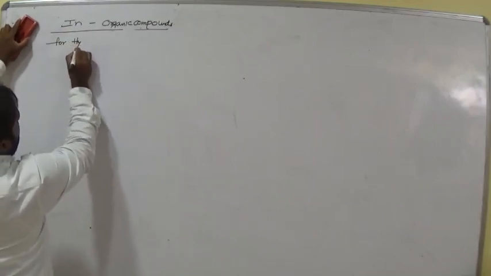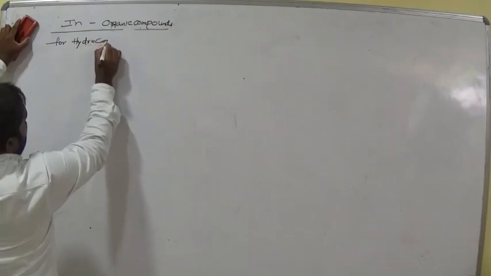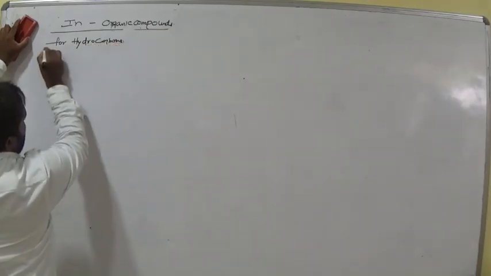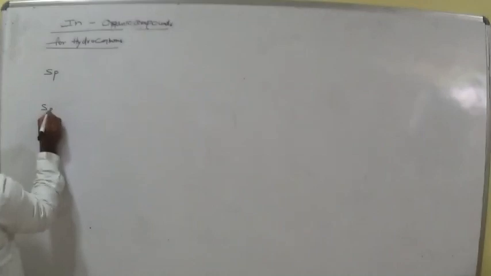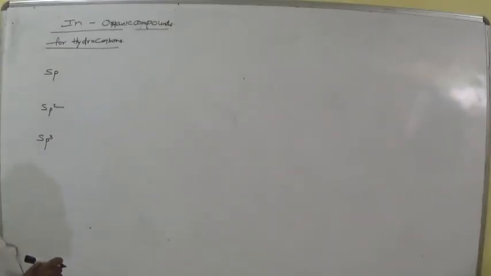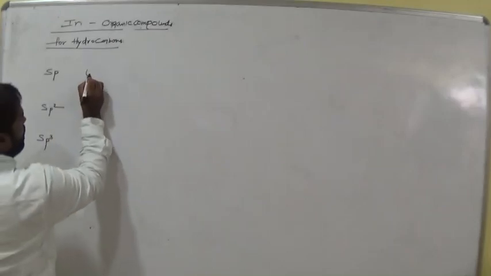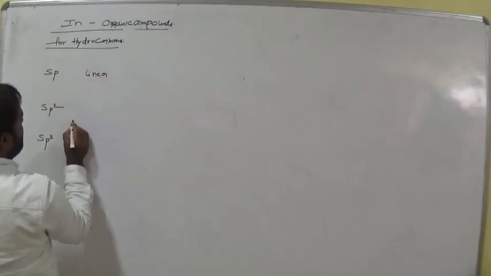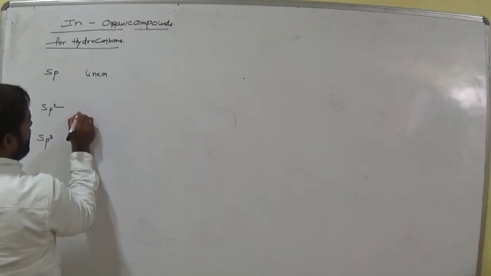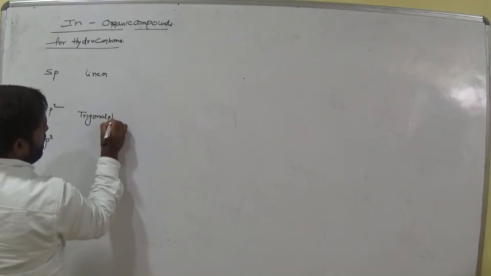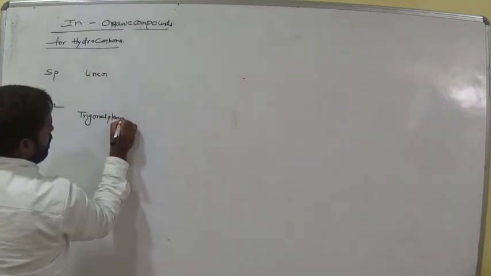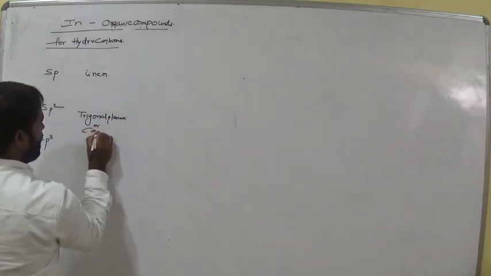For hydrocarbons, we have sp hybridization, sp2 hybridization, sp3 hybridization. Am I right? What is the shape of the molecule? Linear. Here it is trigonal planar, or coplanar.